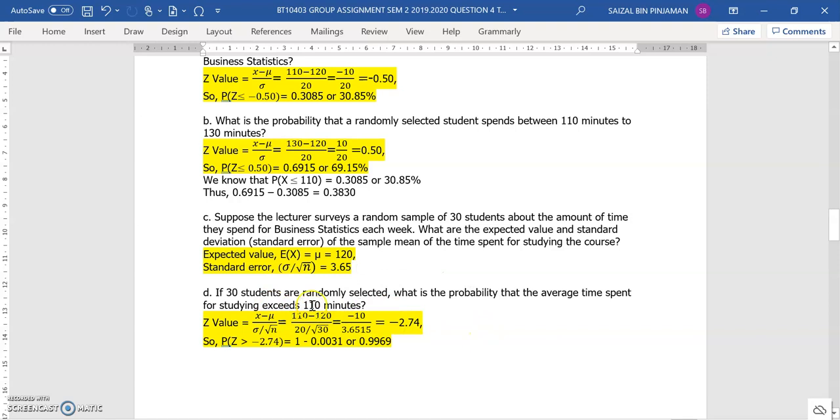If you want to determine the probability that exceeds a certain X value, you have to subtract the probability that you obtained before from 1. We know that the probability is 0.0031, so we calculate 1 minus 0.0031. Here we obtain a probability equal to 99.69%.